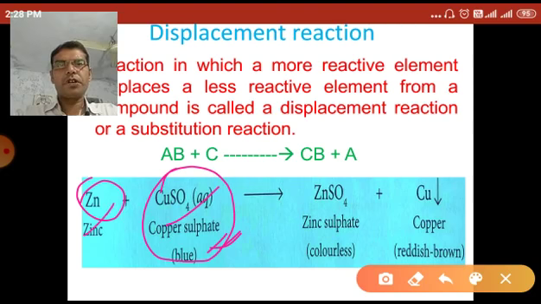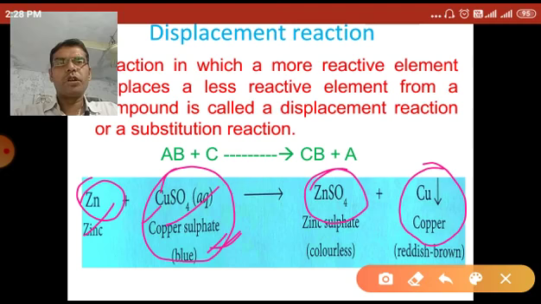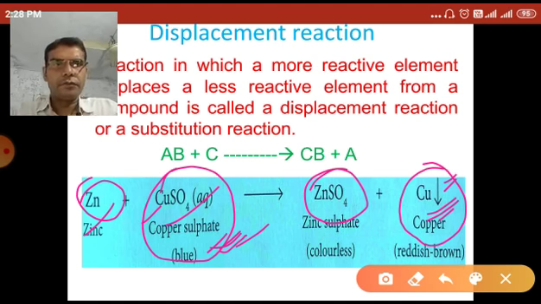Then zinc displaces the copper from the copper sulfate and forms zinc sulfate and precipitates the copper. After some time the blue color of the copper sulfate will disappear and a reddish brown color will appear due to the copper. So in this reaction, zinc displaces the copper from copper sulfate and forms zinc sulfate and copper. So this is a type of displacement reaction.